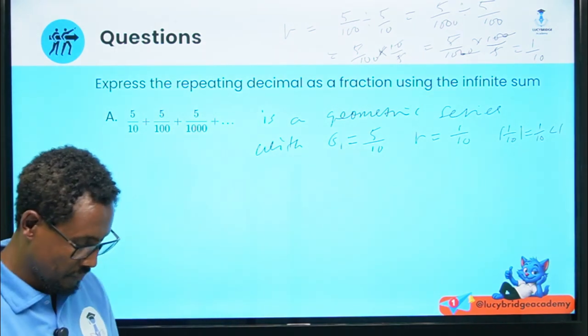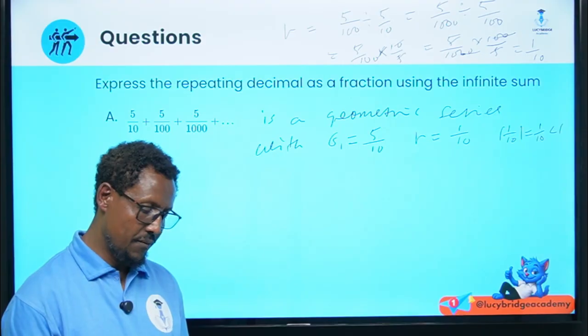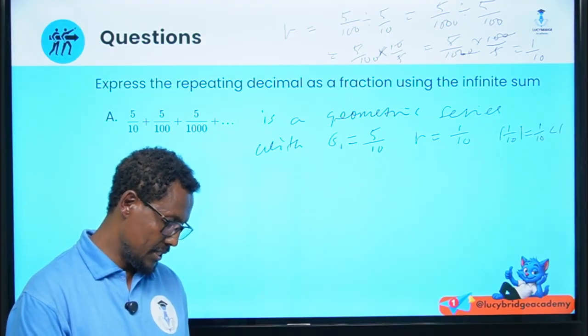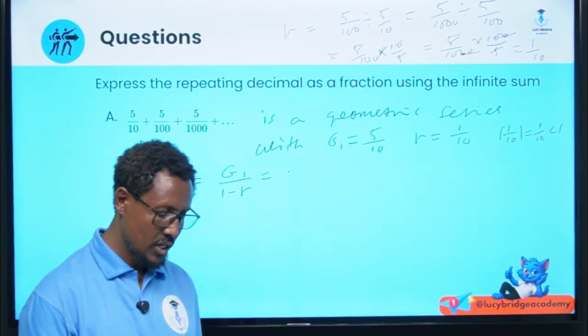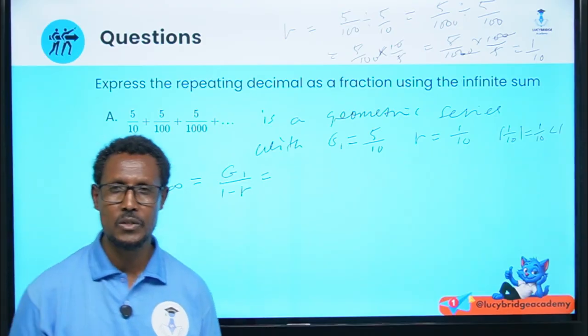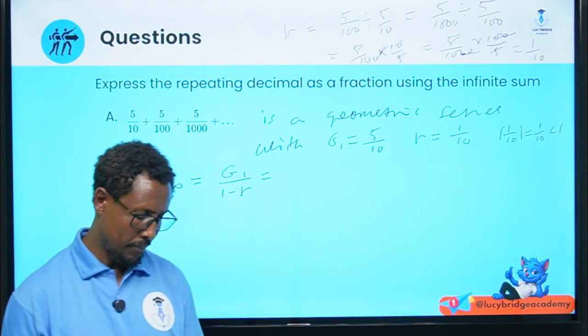Good. Therefore, we can find the infinite sum, okay. That means S infinity, which is equal to G1 over 1 minus R. We use this one because it is a geometric series with common ratio less than 1.